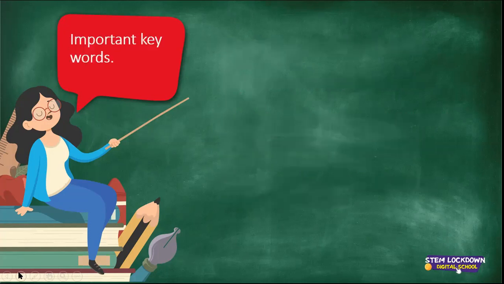But before looking at those things, we need to learn about the important keywords for our topic today. We have features. Features are parts of something that help us identify it. It can be a river, a mountain, a lake or a waterfall.